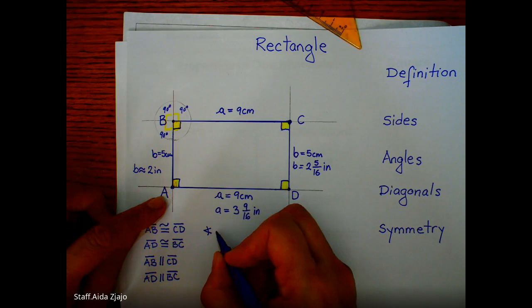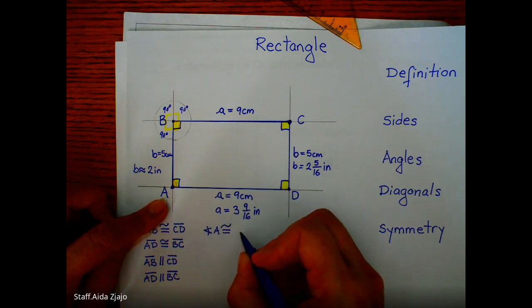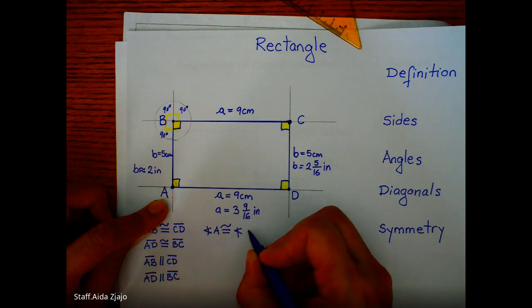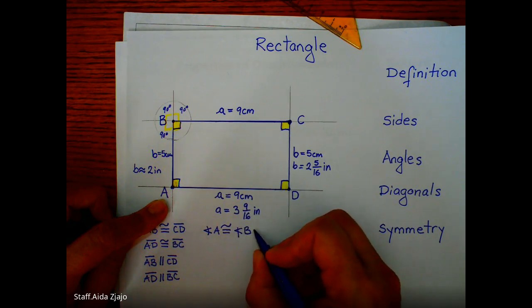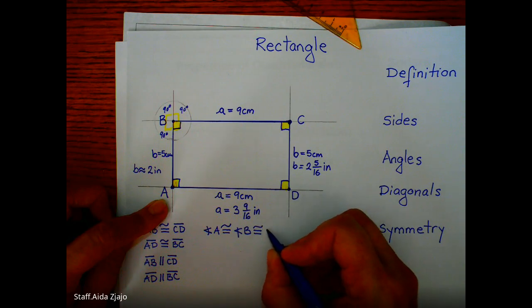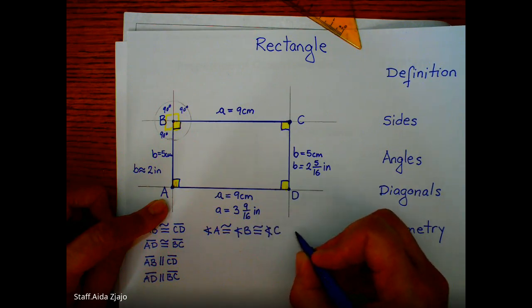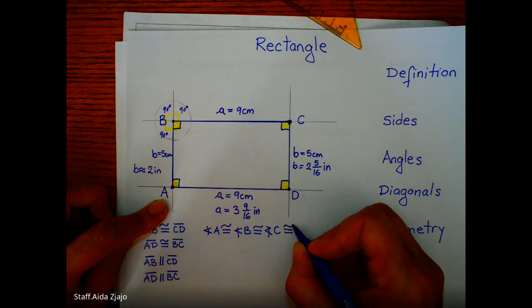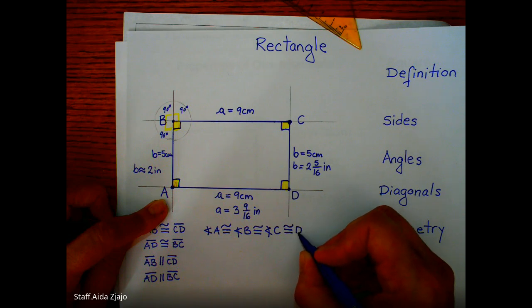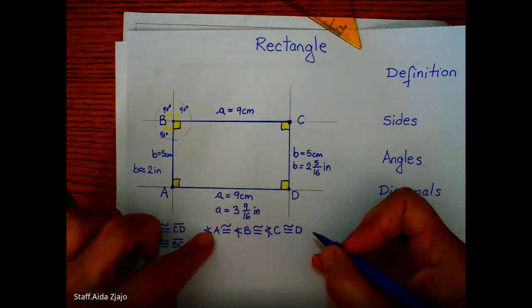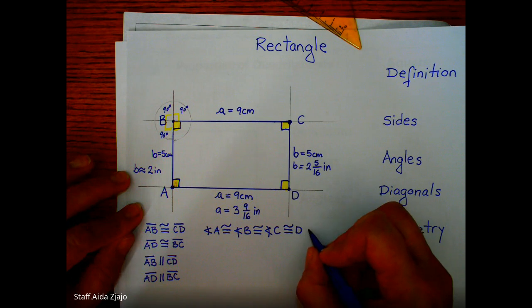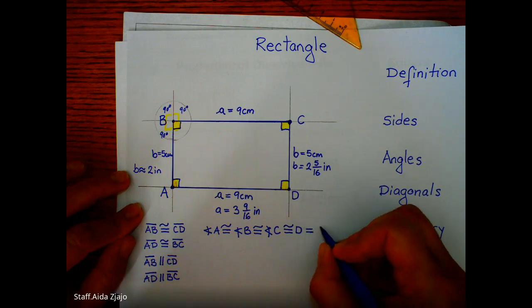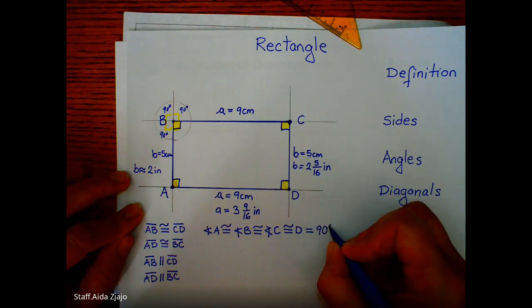So we can say that angle A is congruent to angle B, angle B is congruent to angle C, angle C is congruent to angle D, and of course angle D is congruent to angle A, and every angle is equal to 90 degrees.